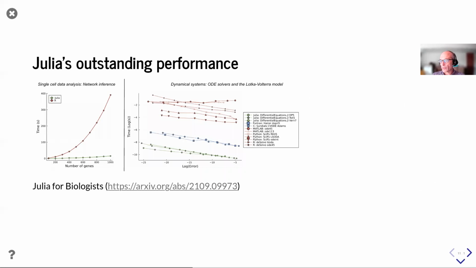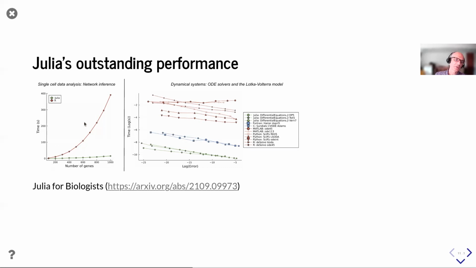So what do you get, though, for all that latency? What you get is truly extraordinary. These are a couple of figure panels from a paper we put up a little while ago, in collaboration with quite a few other people. It shows a couple of biological tasks, one on doing network inference on a set of single cell networks.